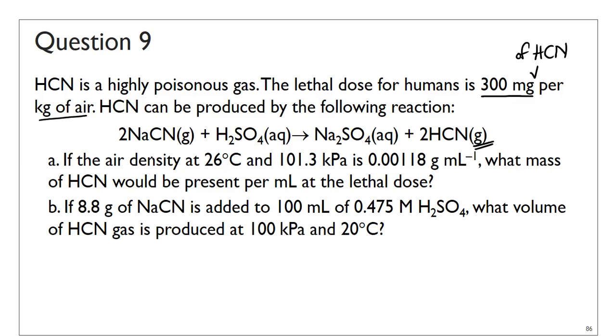reading part A. If the air density at 26 Celsius degree and 101.3 kilopascal is 0.00118 grams per mil, so we'll talk about density here, and this is density of the air. All right, density is a ratio between mass and volume.